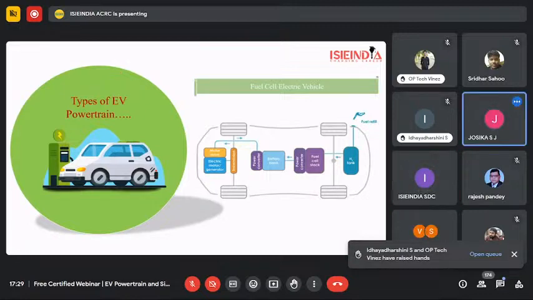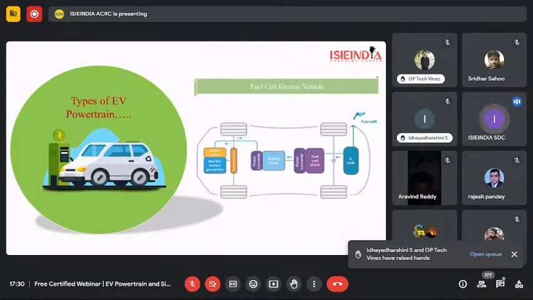Maybe the cost of extracting hydrogen is very high, and as of now we do not have infrastructure of hydrogen fuel pumps. Also the storage. Low well-to-wheel efficiency. Due to stack cost, it is very high compared with the electric vehicle. So due to that, it is not very popular.